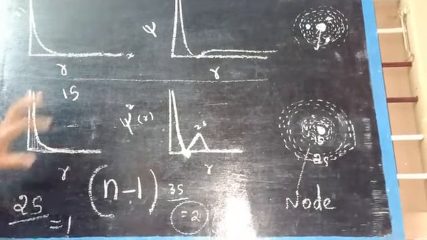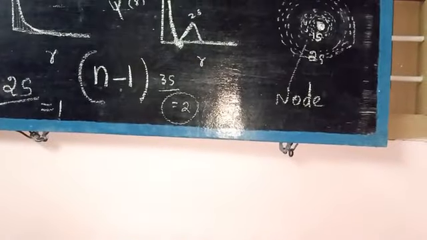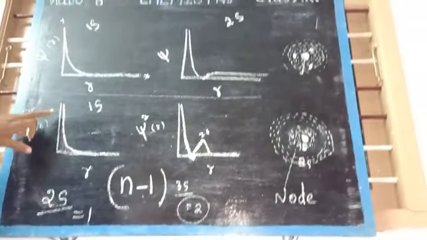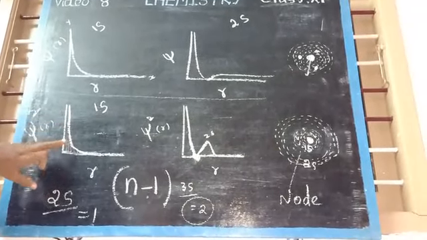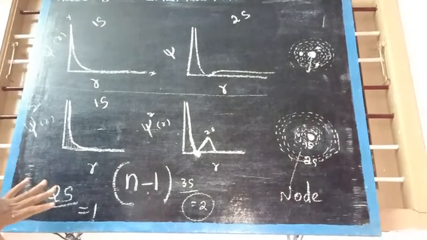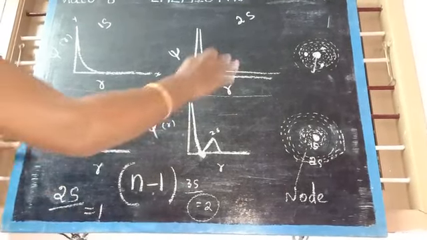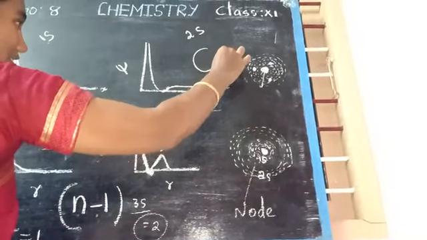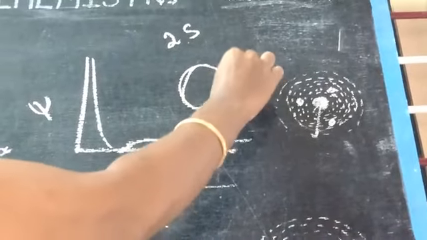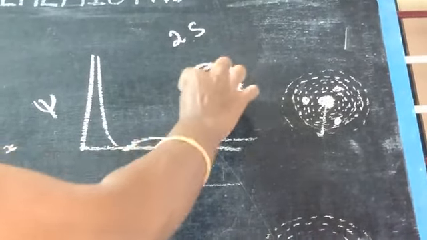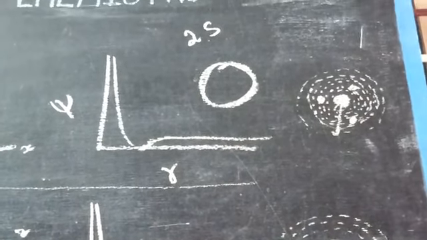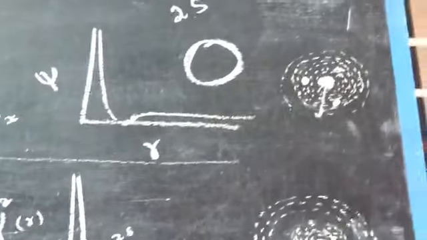Children, once again, this graphical representation is very important. In the 1s orbital, the probability density decreases while the radius increases. In the boundary structure we draw the 1s orbital like this. It is like a sphere shape, so an s orbital is spherical in shape.